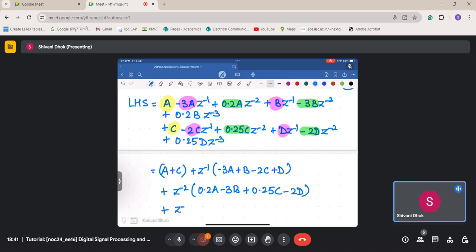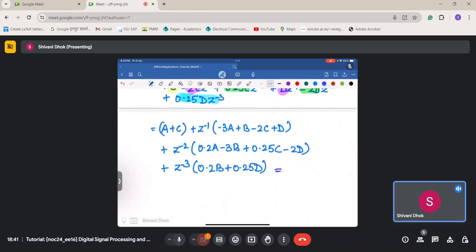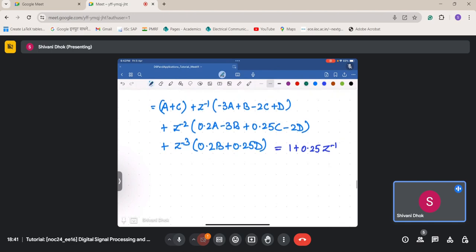And for z to the power minus 3, again we'll have two terms, so this one and this one. So this is equal to 0.2b plus 0.25d, and this whole thing should be equal to 1 plus 0.25 z inverse. So now comparing coefficients of all the powers of z on the left hand side and right hand side, what do we have? We have a plus c is equal to 1, which means that c is equal to 1 minus a.